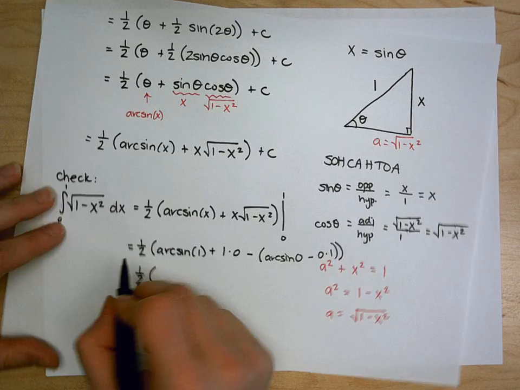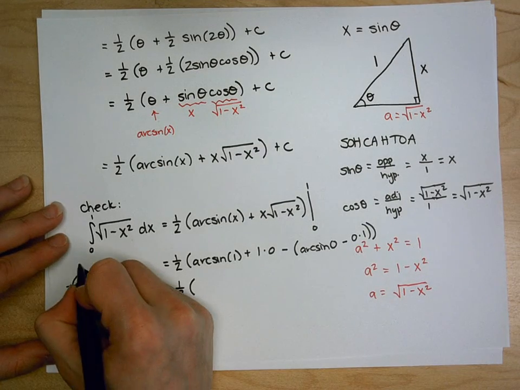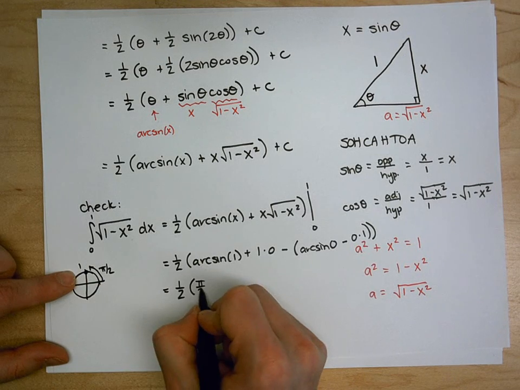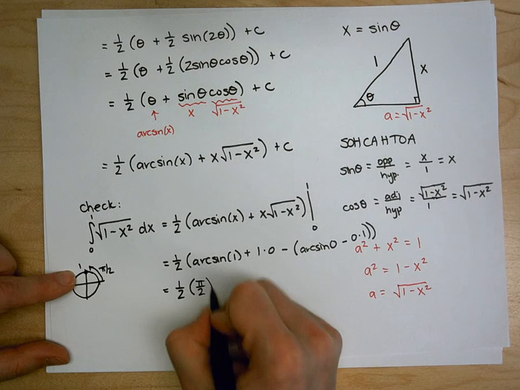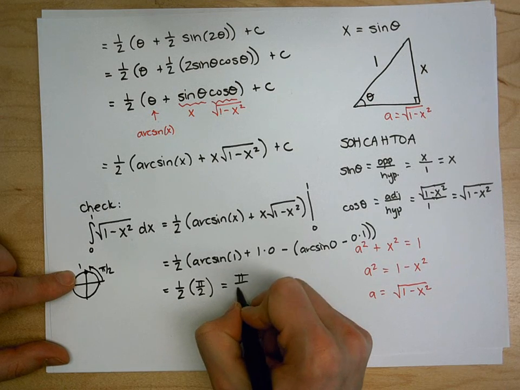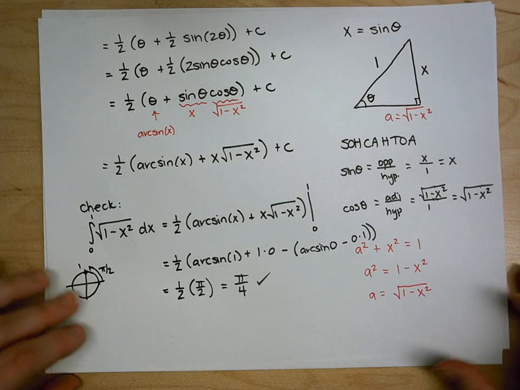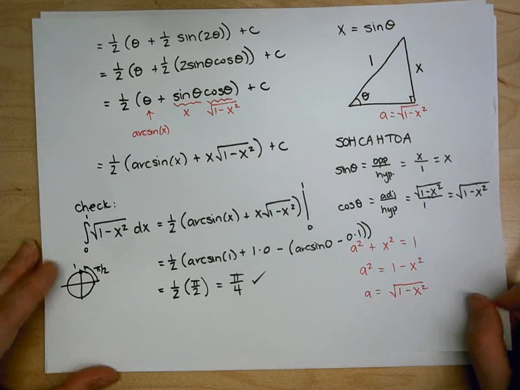So we can think about on our unit circle here, when the y-coordinate is 1, my angle is pi over 2. So this is pi over 2, plus 0 minus 0 minus 0. And notice we get the same result as what we had gotten before. Our area is pi over 4. Okay, I know, that took a while, didn't it? So these aren't necessarily easy, but this technique does help us to integrate things like this.